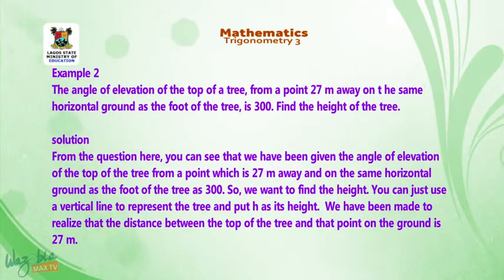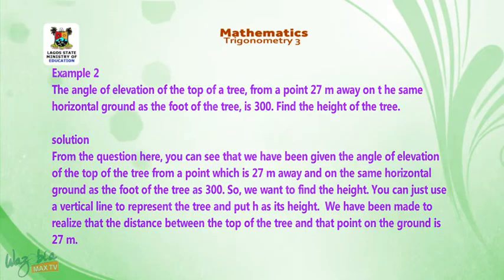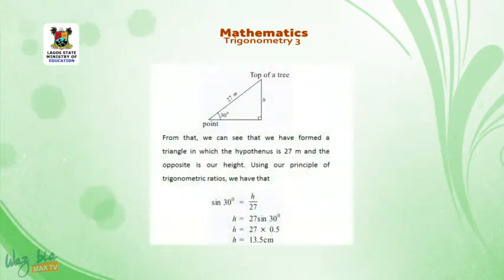You can just use a vertical line to represent the tree and put h as its height. We have been made to realize that the distance between the top of the tree and that point on the ground is 27 meters. So from that, we have formed a triangle in which the hypotenuse is 27 meters and the opposite is our height.